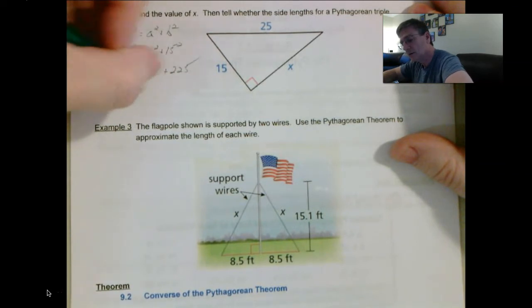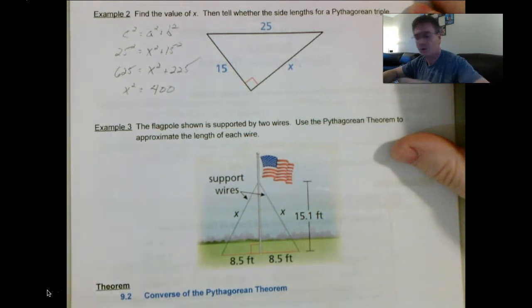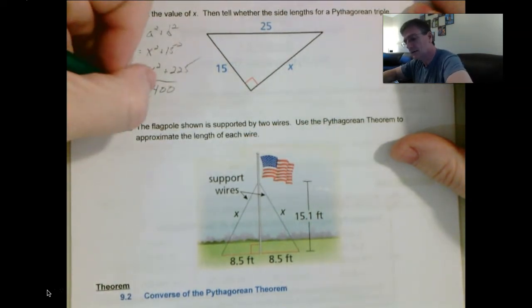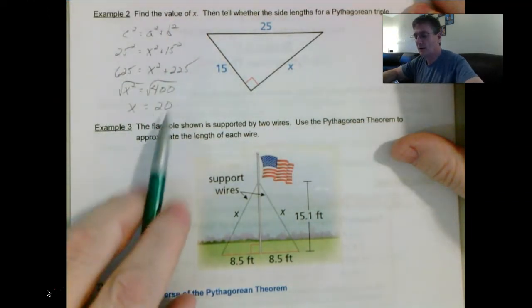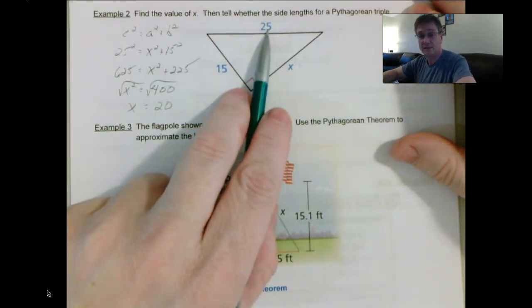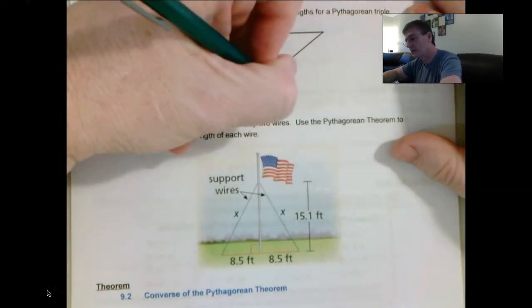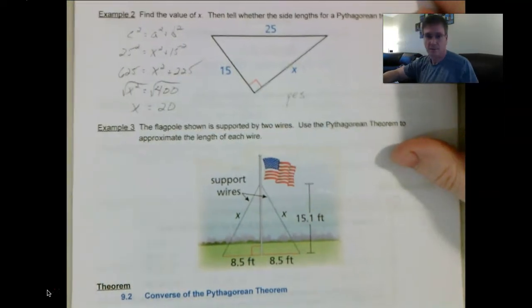X squared equals 400. Again, we square root both sides. X equals 20. And we find out we have 15, 20, 25. That is a Pythagorean triple. It comes from 3, 4, 5. So yes, this is a Pythagorean triple.